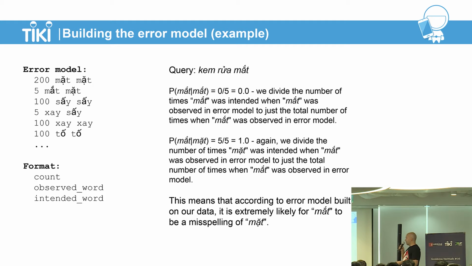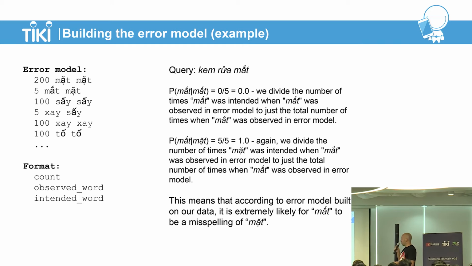Then we try to calculate the probability of the word mat being the misspelling for the word mat. Again, we just divide the number of times the word mat was intended when mat was observed in our error model, which is 5, by the number of times when mat was observed in our error model. This is also 5, because this is the only time when we observe mat in our error model.